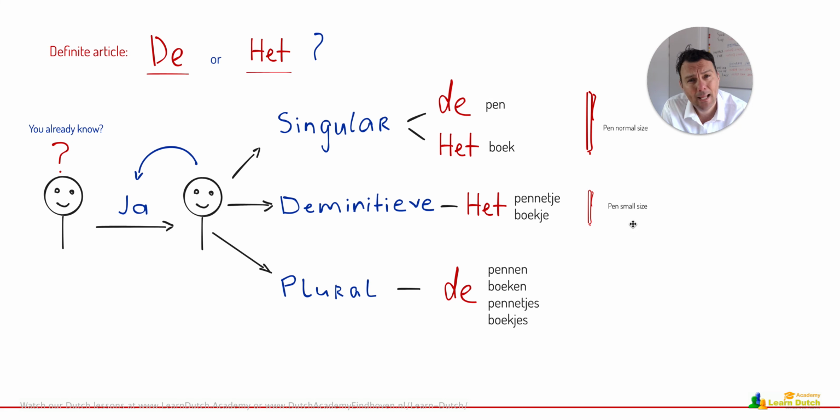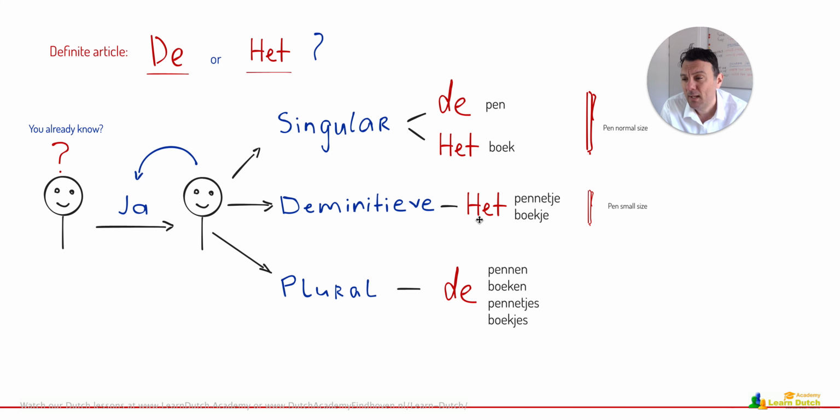In Dutch, we can add a special ending to a noun, to a thing, in order to make it small. Pennetje, boekje. It means that this thing is small. So what is a diminutive? A diminutive is a small noun.